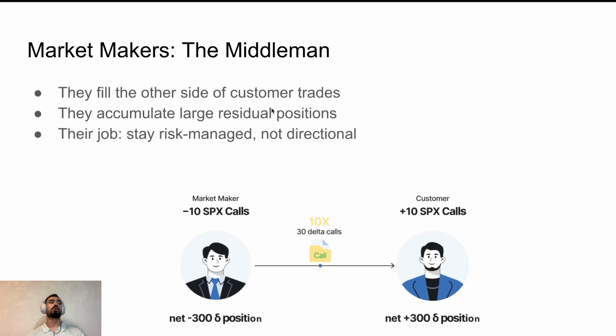And market makers are not only on your option, on your strike, but pretty much on the entire option chain. They're on the bid, they're on the ask, and by the end of trading sessions, over the days, over the sessions, they end up accumulating huge residual positions, right? And their job is to stay non-directional. They profit from these transactions naturally.